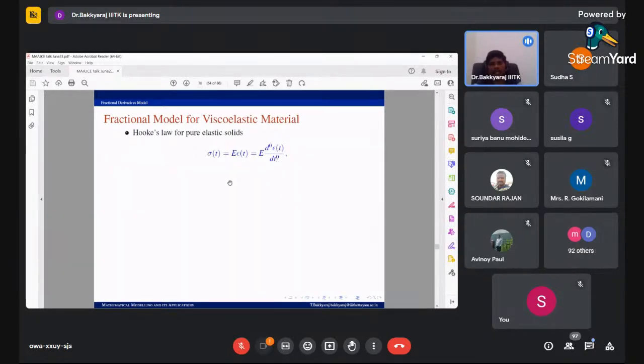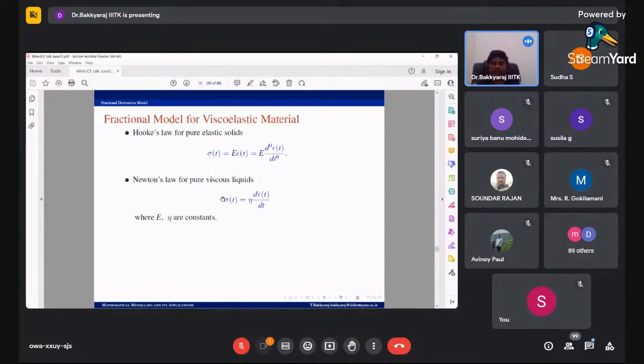Likewise, if you consider pure viscous liquids, the stress strain relationship for pure viscous liquids is described by using Newton's law. So this is Newton's law for the stress strain relationship for viscous liquids. Now we are getting to some material, as I mentioned, viscoelastic material.